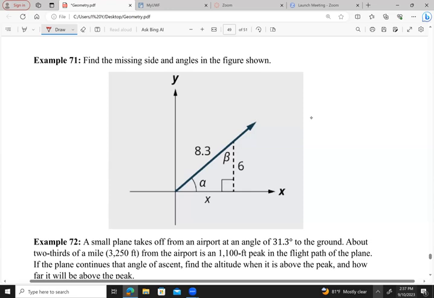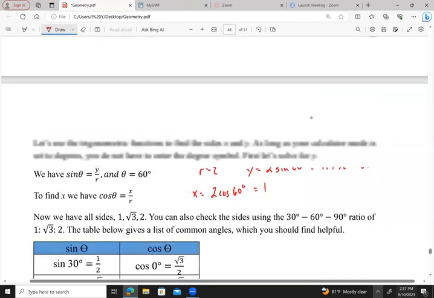Find the missing side and angles in the figure. Okay, opposite over hypotenuse. Opposite over hypotenuse. I'm getting old.